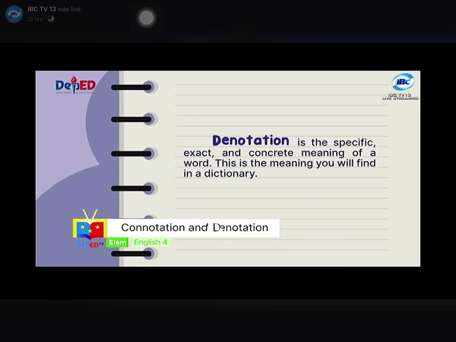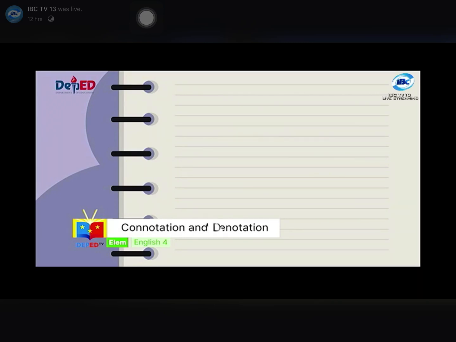Denotation is the specific, exact, and concrete meaning of a word. This is the meaning you will find in a dictionary. Let us have some examples of words with their denotative meanings. Number 1. I could still remember the flock of doves flying in the sky.